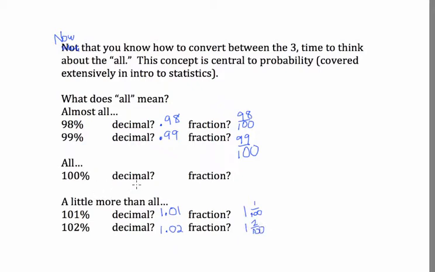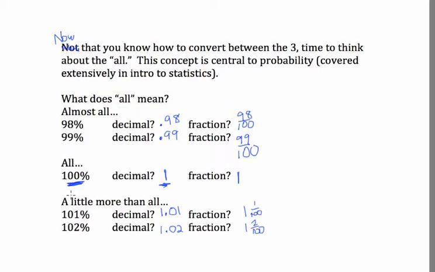So what is all? What is the decimal that goes with all? Well, you can kind of see 0.98, 0.99, 1.01. What's going to be here? 1. 1.00. Again, the fraction, 100 over 100, or 1. 100% is the same as the decimal 1, which is hard in probability because when we say, if the chance of rain today is 100%, that means it's going to rain.